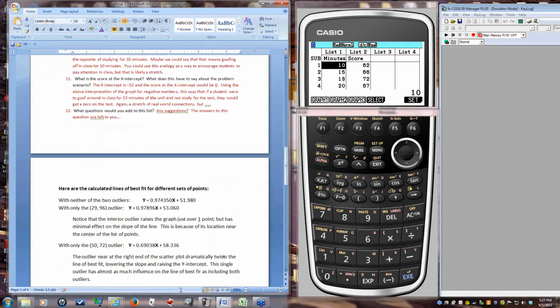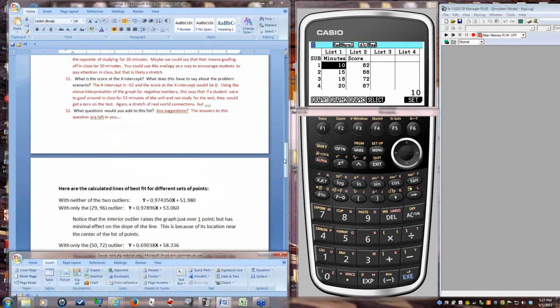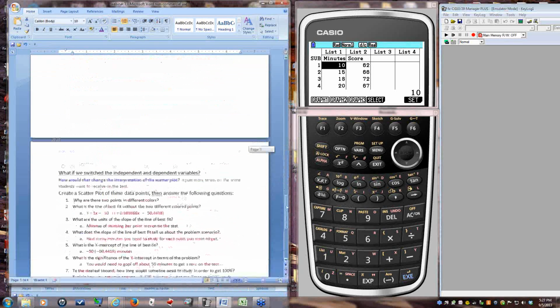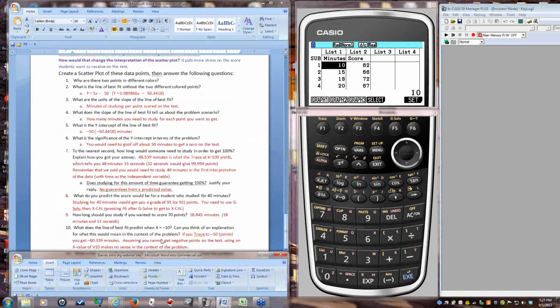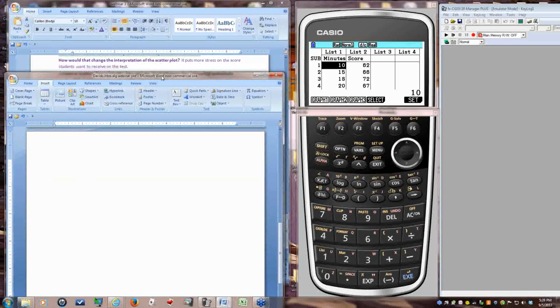I'm going to cover this all up again so that you're watching what I'm doing, because if you haven't done much statistics in the Prism, you set up your data. Now I want to make my score the independent variable, so I want that to be my x, and I want minutes to be my y value.